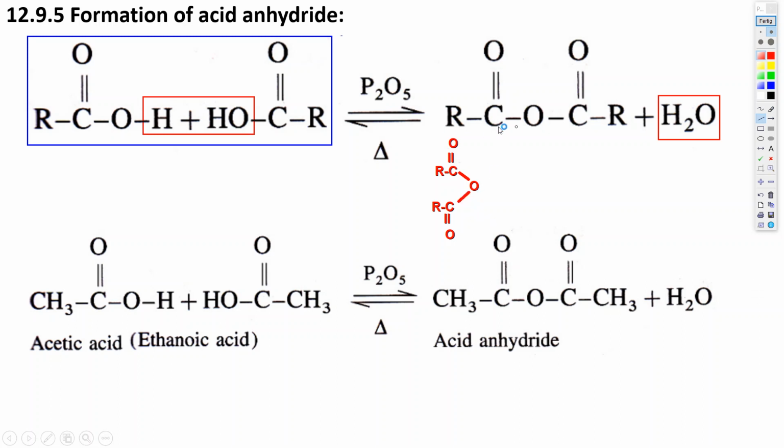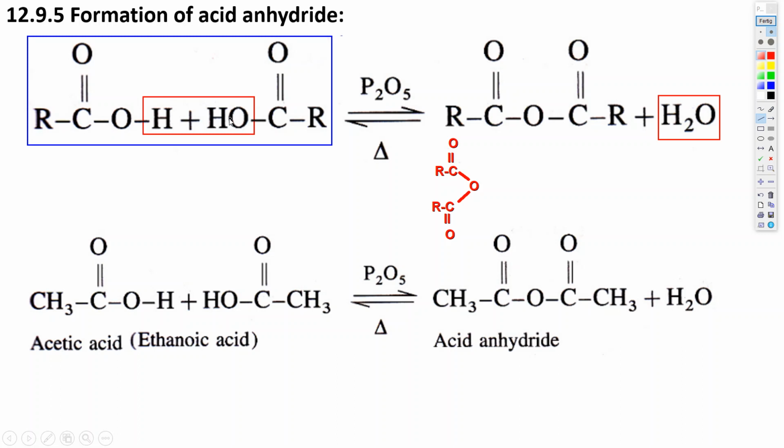You can also write this acid anhydride like this: RC=O O C=O R. Both structures are the same. So this is the alternative drawing of acid anhydride.